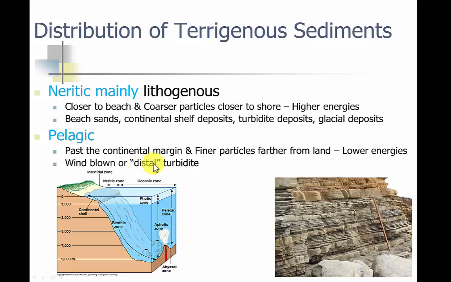The reason these are called distal is that they happen from far away. So the African one, if this is North America, coming from all the way over here, dust particles fall out into the ocean, and they do form turbidites, but they're distal rather than regular turbidites close to the neritic zone.